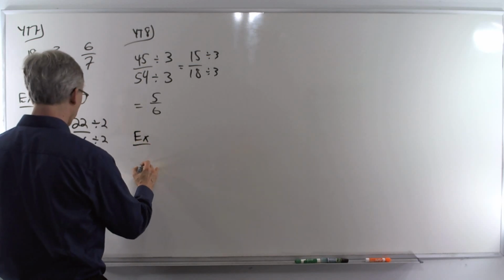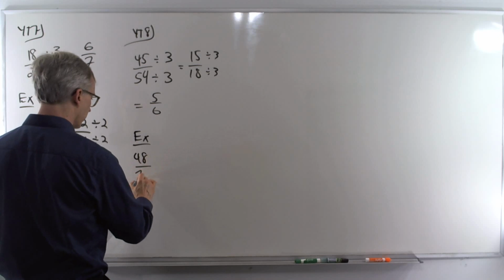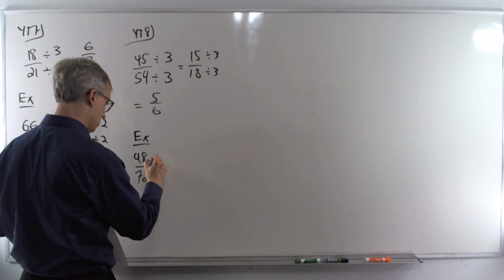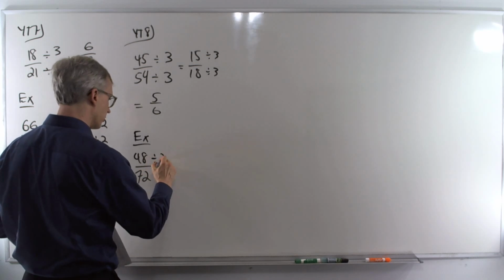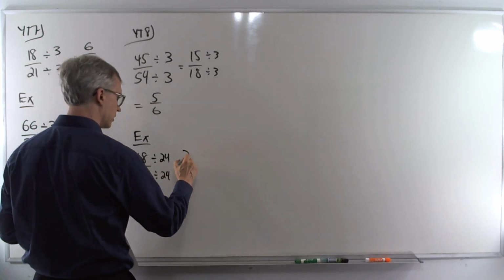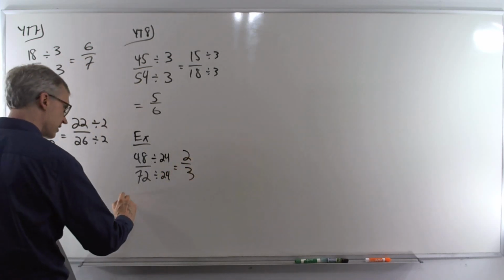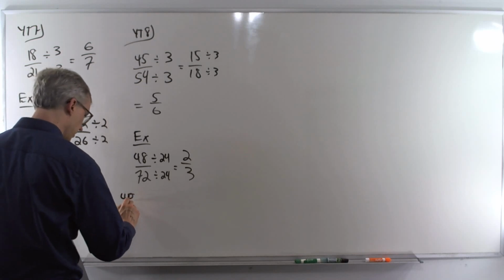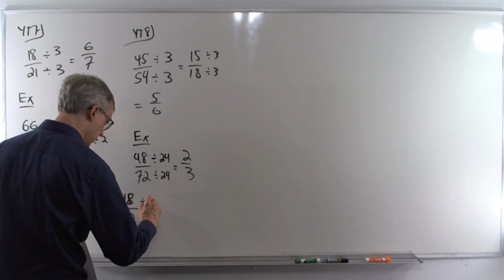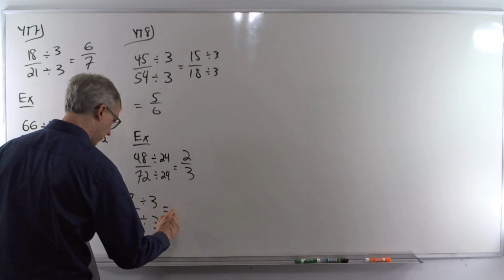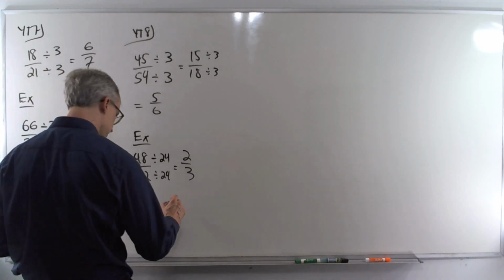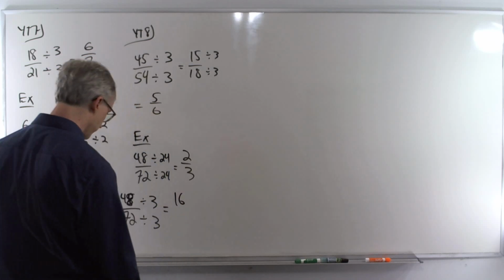Next up, we got 48 over 72. So, we could do it in one step, recognizing that 24 divides evenly into both 48 and 72, giving us 2/3. But that might not jump out at you right away. It's kind of a tough one to see right away. But these are both divisible by 3. So we can divide by 3. 48 divided by 3 is going to give us 16.